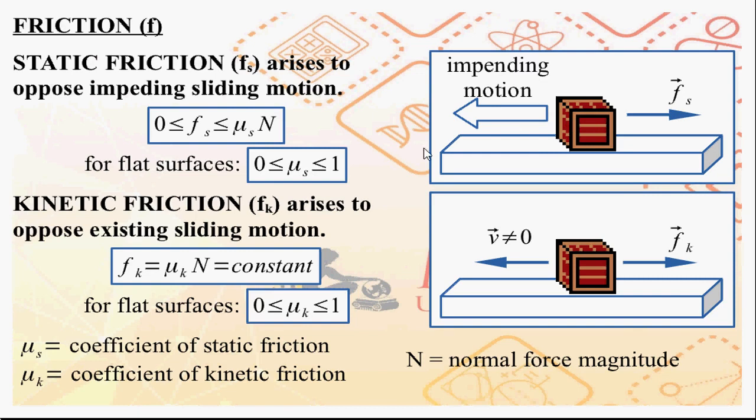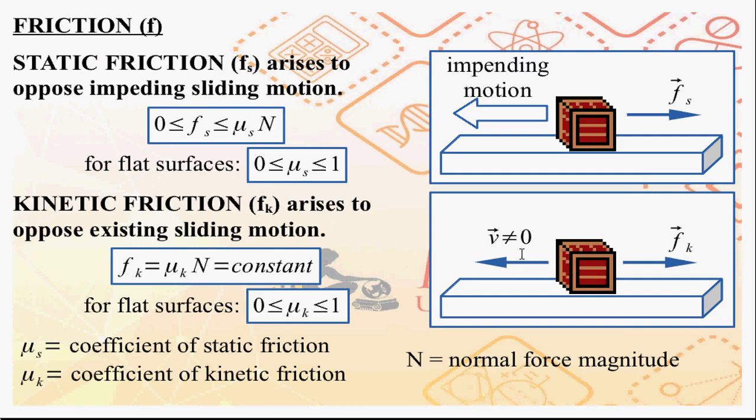When the object is already sliding, there's already existing sliding motion. The friction that will oppose that sliding motion is kinetic friction. You have F sub k arising to oppose existing sliding motion. So the direction of kinetic friction is always opposite that of the motion of the object.